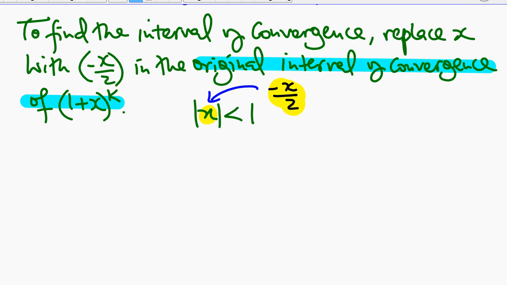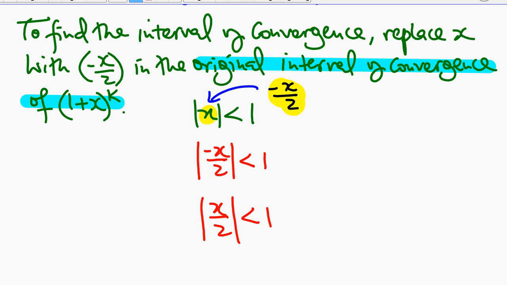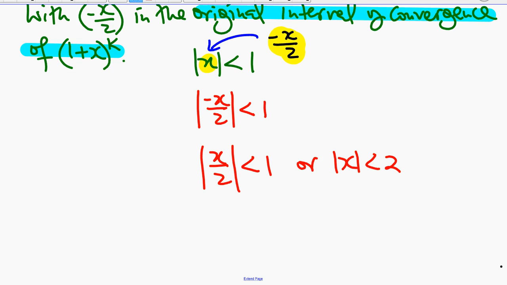If we replace that, we end up with the absolute value of negative x over 2 is less than 1, which is the same as the absolute value of x over 2 is less than 1, or we can say the absolute value of x is less than 2. All right. So basically, the radius of convergence is 2. This is actually the radius of convergence.